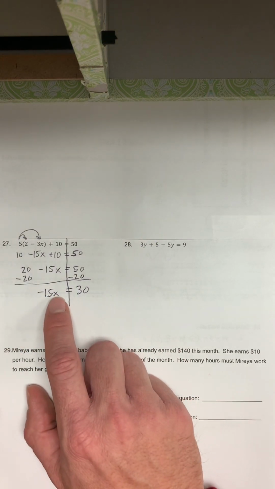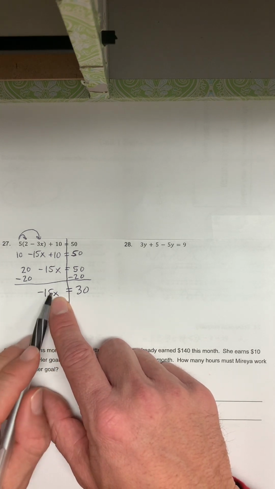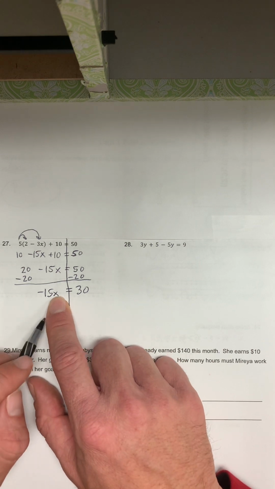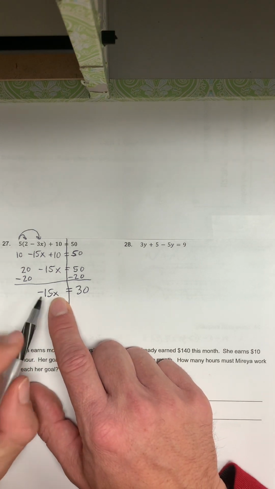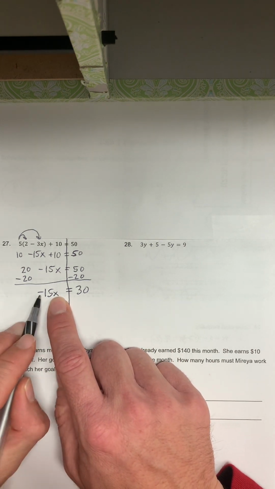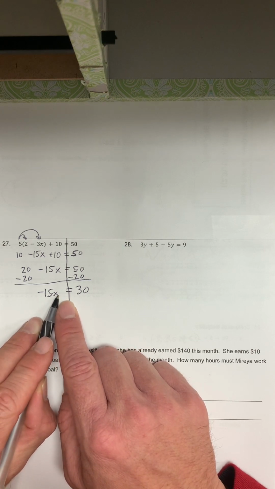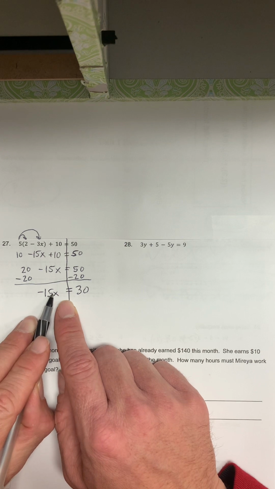Okay, so again, I'm trying to get x by itself, so I need to get this negative 15 to move over here. And you have to move something by doing the opposite. So how would I read this? I would read this as negative 15 times x. The opposite of multiplying is to divide.